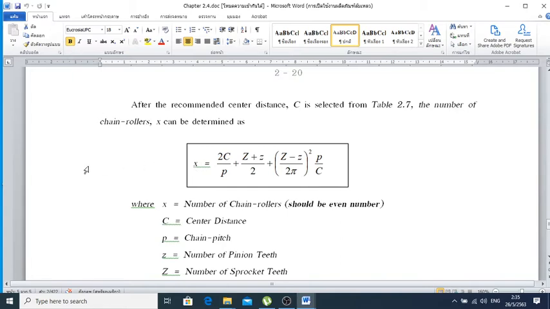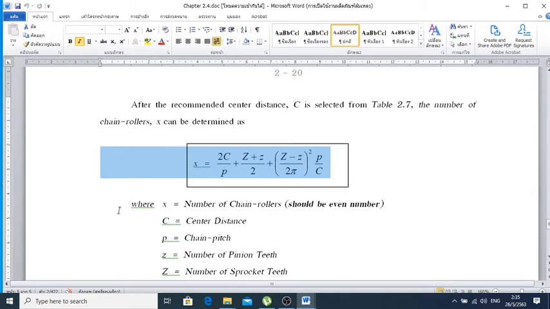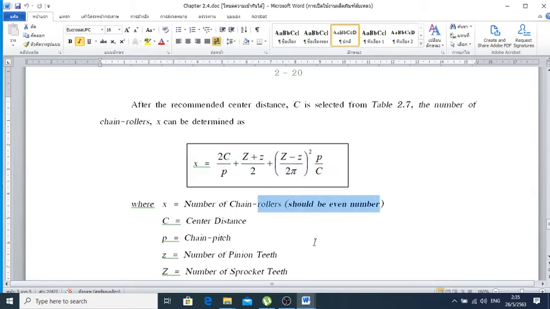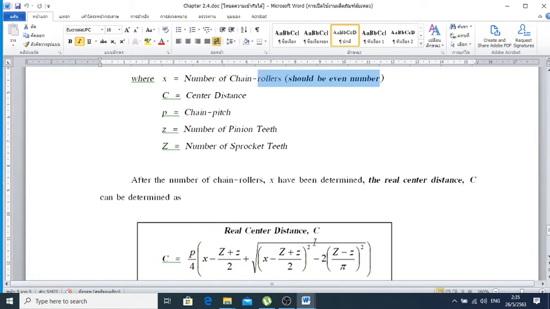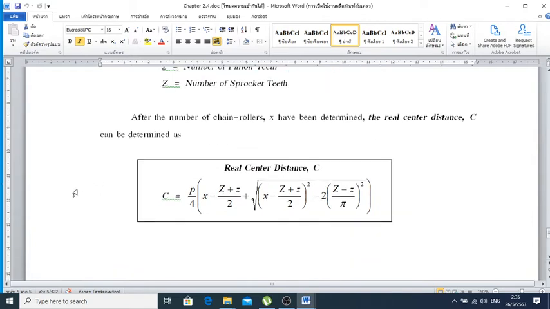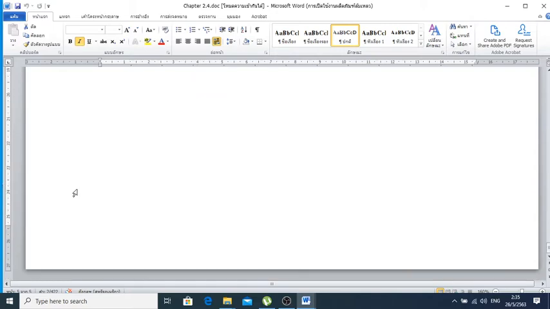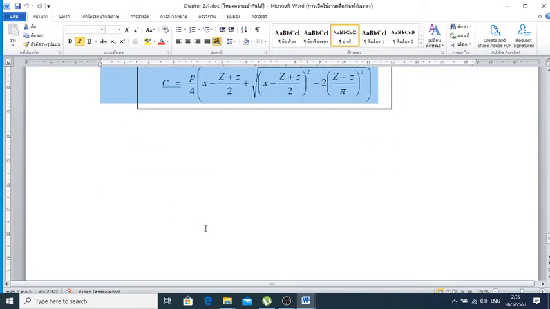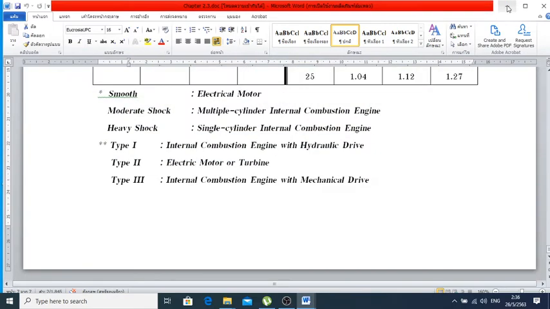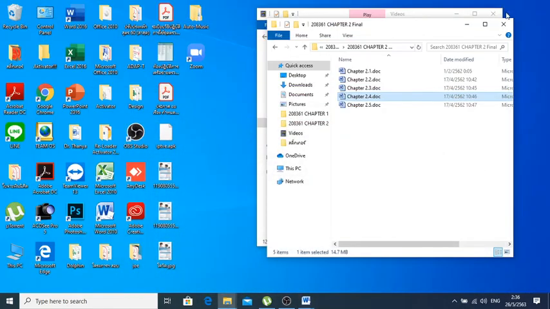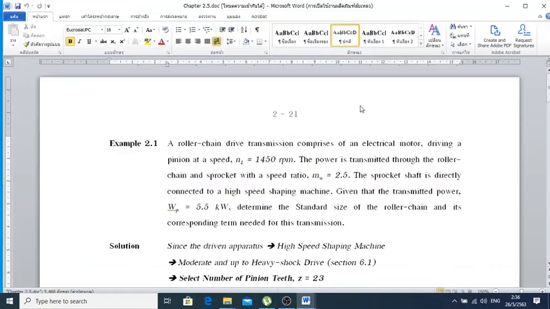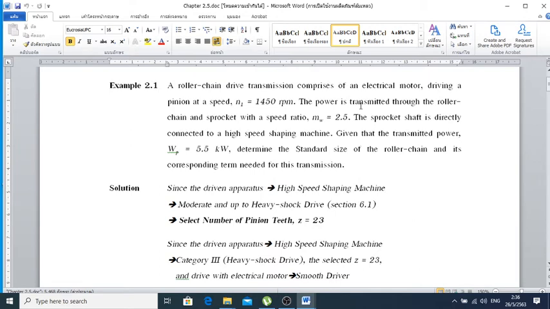You use this equation, but you have to round up to an even number, remember that. When you round up, you have to find the real center distance with this equation. This is what you should put on the design.